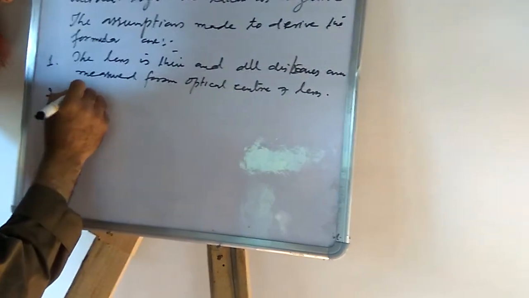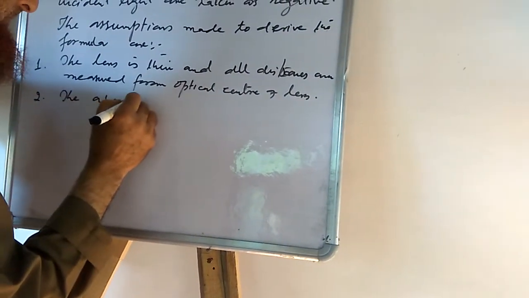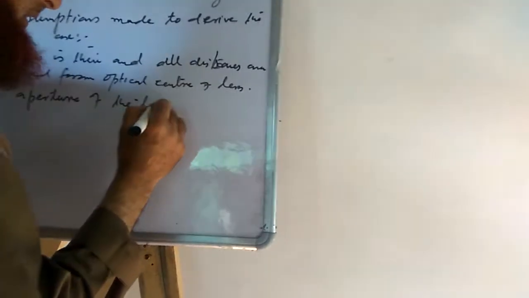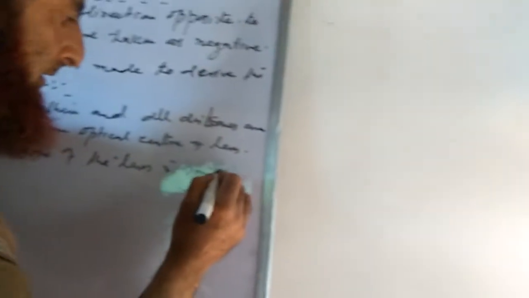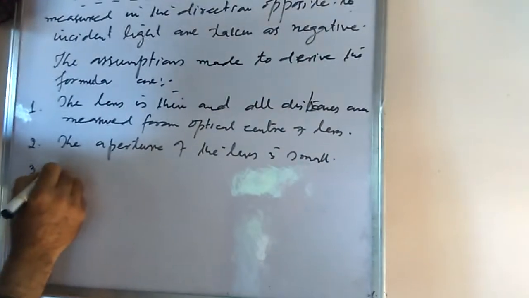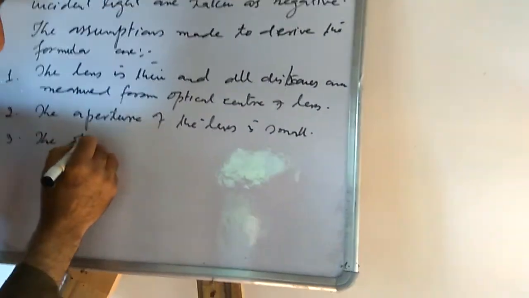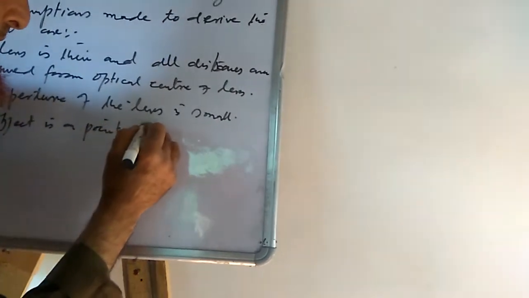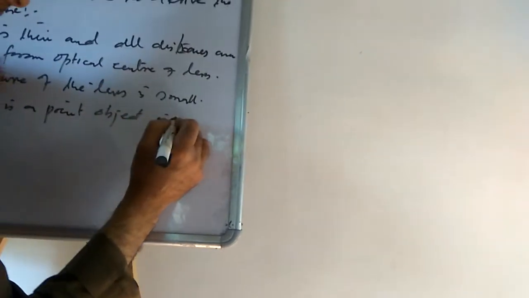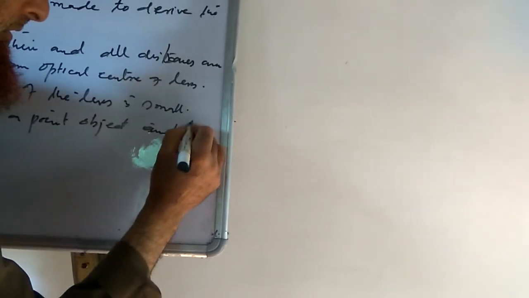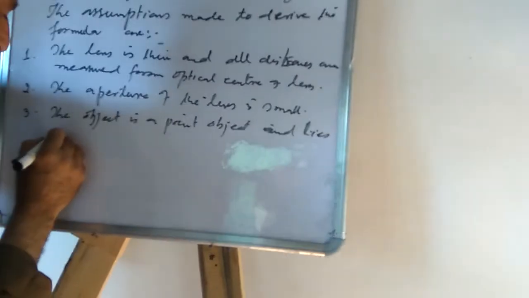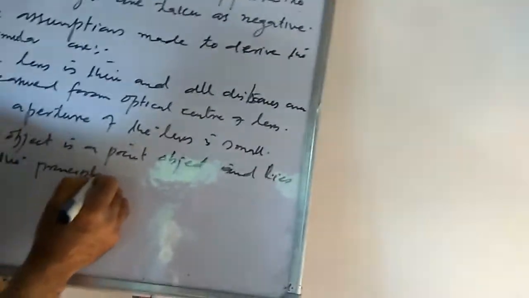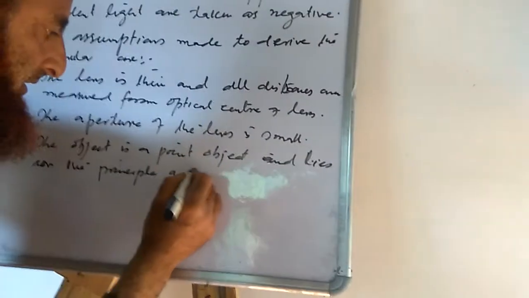Second one, the aperture of the lens is small. Third one, the object is a point object and lies on the principal axis.